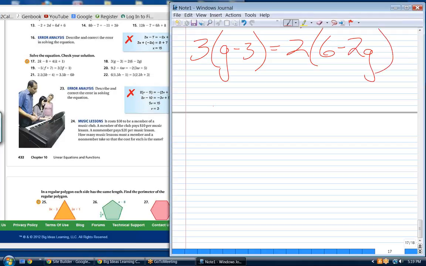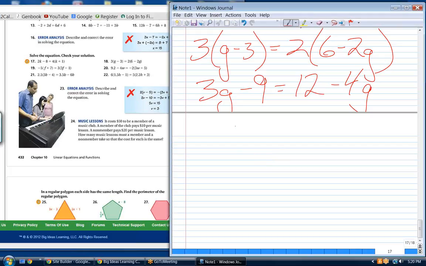Okay, let's do this one. So you got to distribute. Okay. So 3g minus 9 equals 12 minus 4g. Okay, what next?